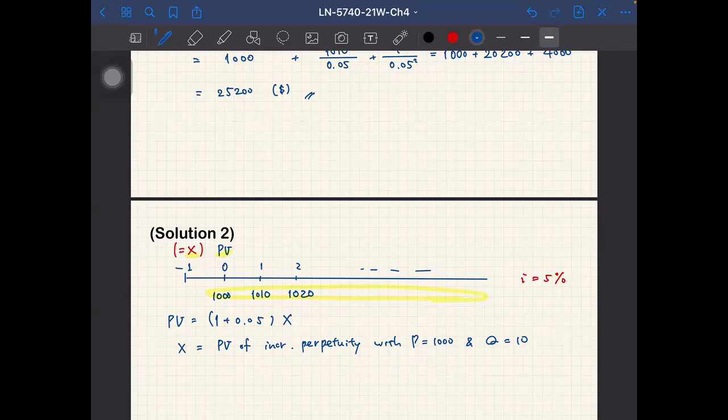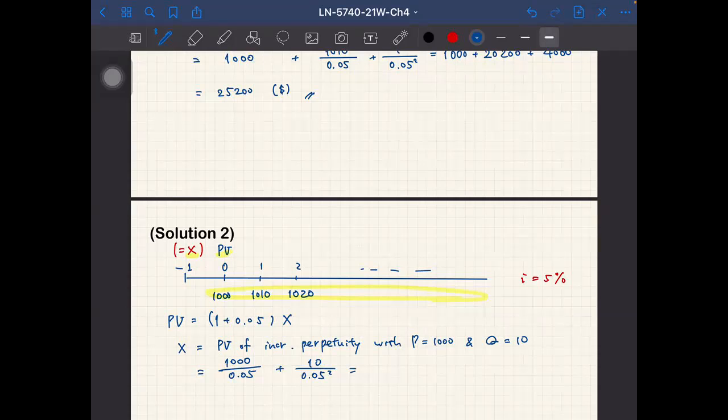So x is equal to, by the formula, P over i plus Q over i squared. That is P over i, 1,000 over 0.05, plus Q, 10 over 0.05 squared.